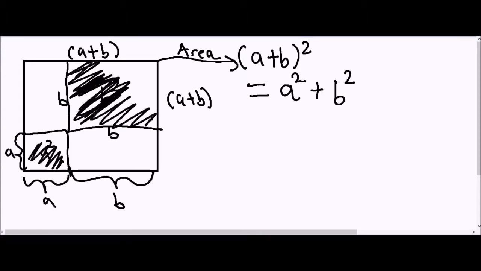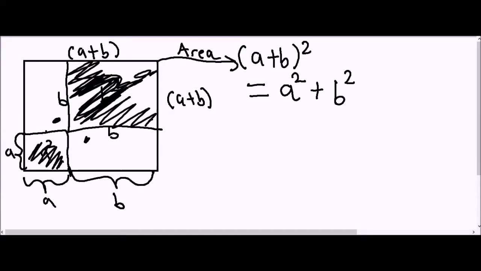We have yet to include these two rectangles, which I will label with an R. We're forgetting about them, and that's where we're going to get our second term. Let me just erase those R's for a second.